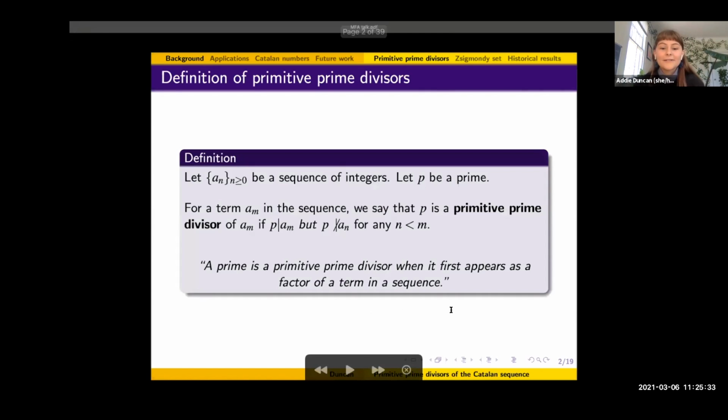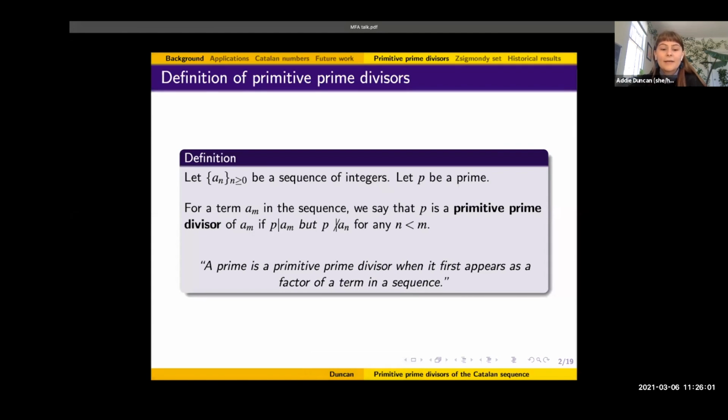Okay, so first I'm going to start by defining what a primitive prime divisor is, since that's in the title of the talk. The context that we're working in here is integer sequences, and as usual, p is going to be a prime. For a term a_m in a sequence, we say that a prime p is a primitive prime divisor of that term if it divides that term, but does not divide any of the previous terms in the sequence.